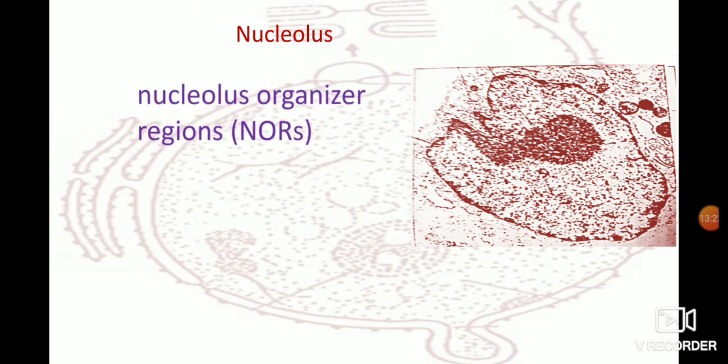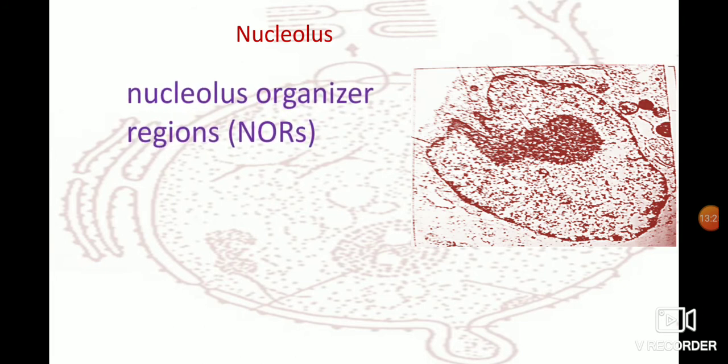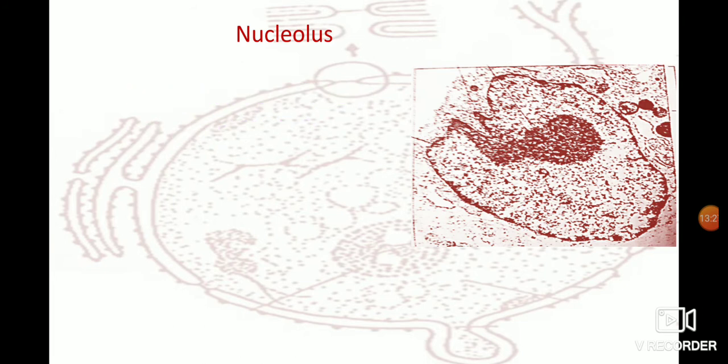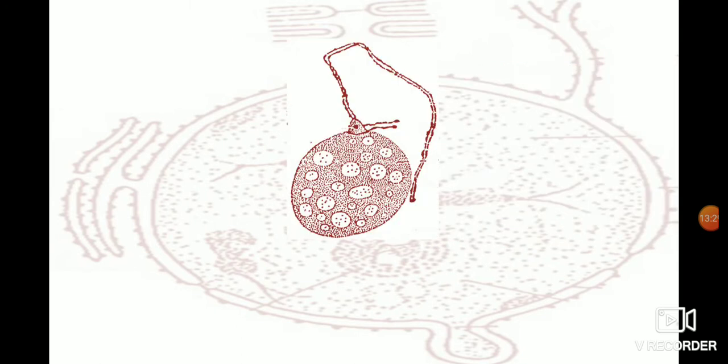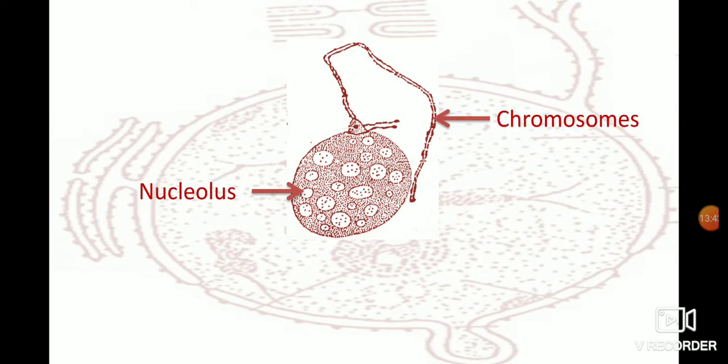During the period between cell divisions, when chromosomes are in their extended state, one or more chromosomes have loops extending into the spherical mass called the nucleolus. The nucleolus is organized from the nuclear organizing region of different chromosomes.